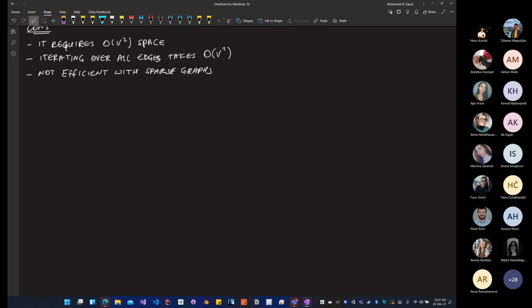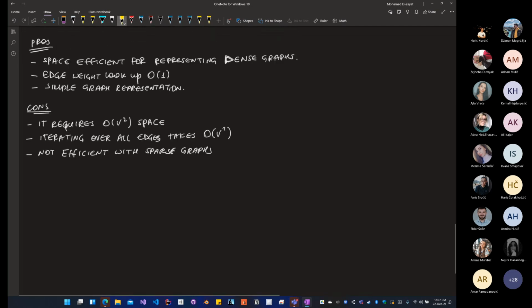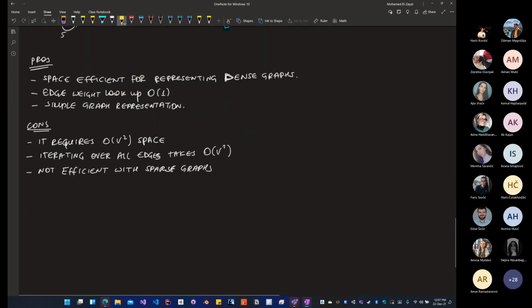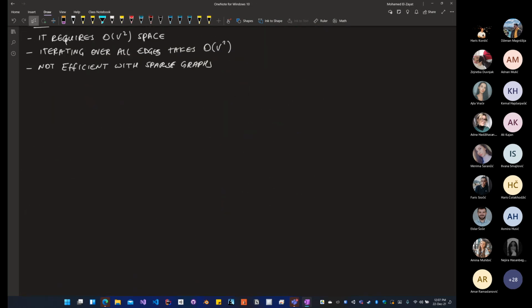You have another way of saving data of a graph. Right now we have the adjacency matrix, and we also have the adjacency list. An adjacency list is simply a way to represent a graph as a map from node to list of edges. So let me write this down.